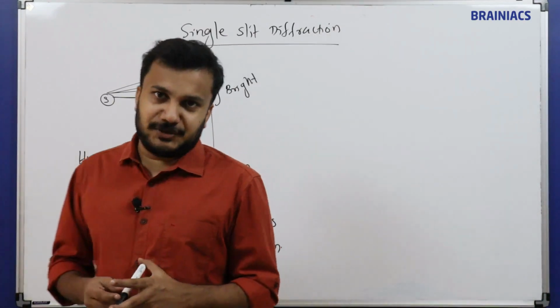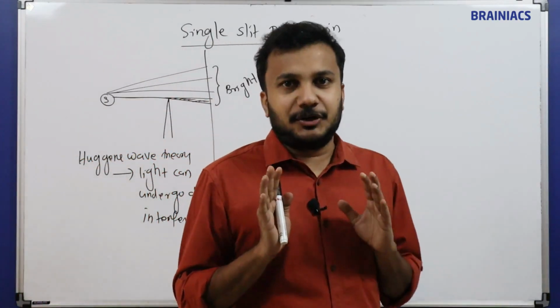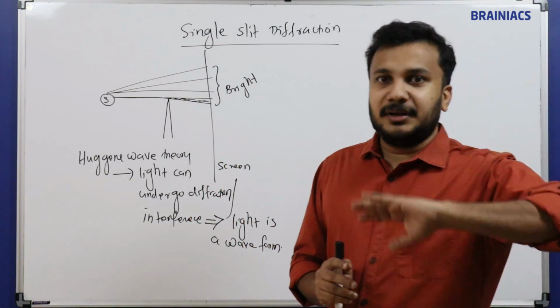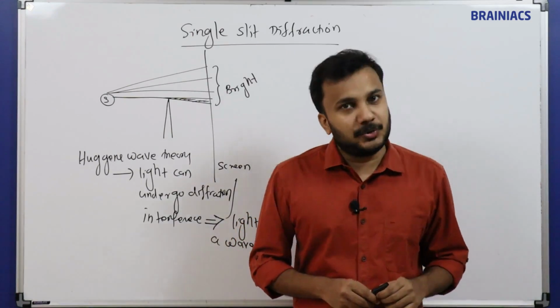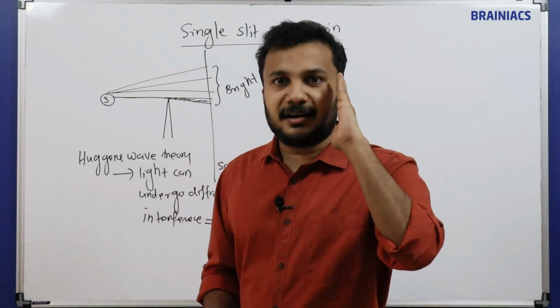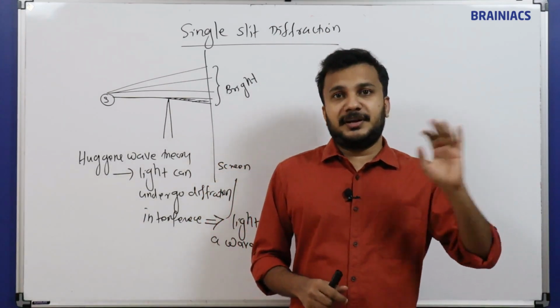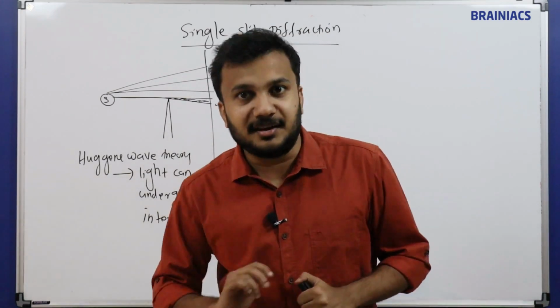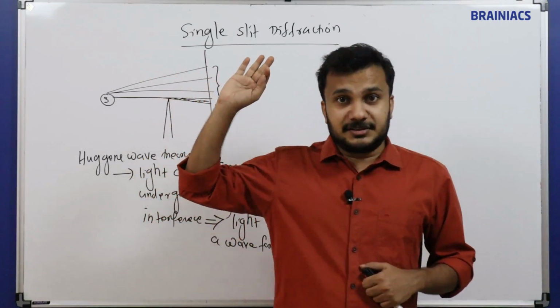Huygens wave theory is simple. It actually defeats the principles given by Newton. Newton told that light can travel in a straight line, called rectilinear propagation of light, but that is not the only criterion. Huygens told no, whatever you are telling is wrong.